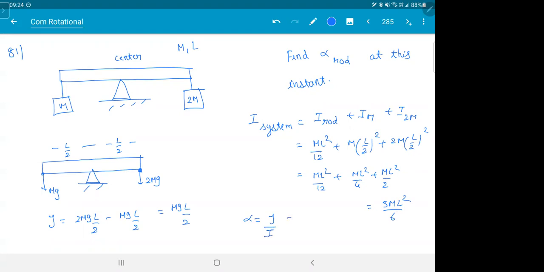Alpha would be torque by I, which is 3g by 5L. Check.